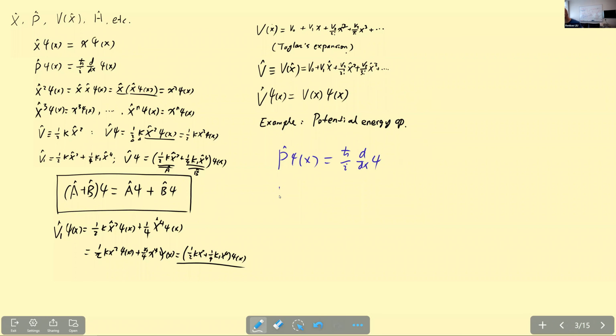Of course, you can define P squared acting on psi of x that equals, you do this one twice, right? So that would be nothing but just h bar over i squared and d squared over dx squared on psi. You do the differential twice, okay? And you can also have an example.